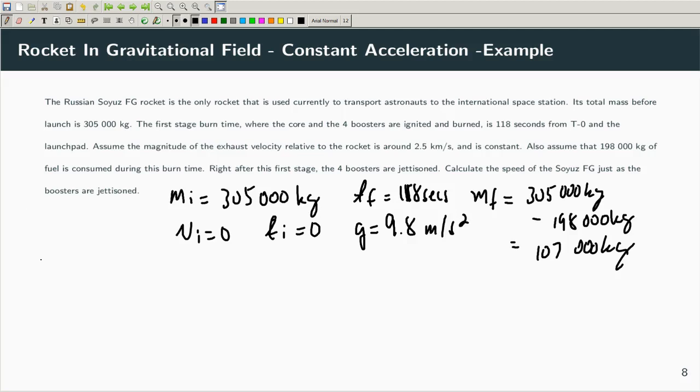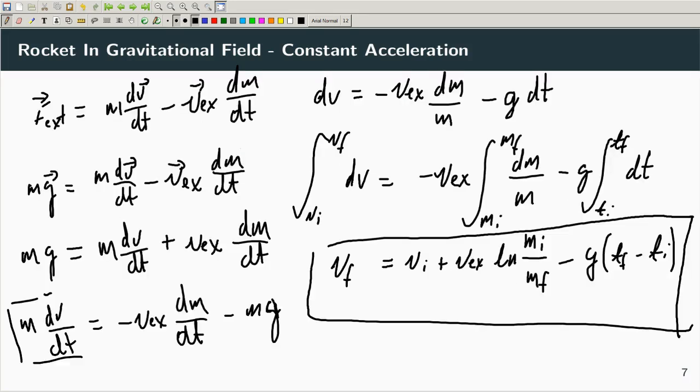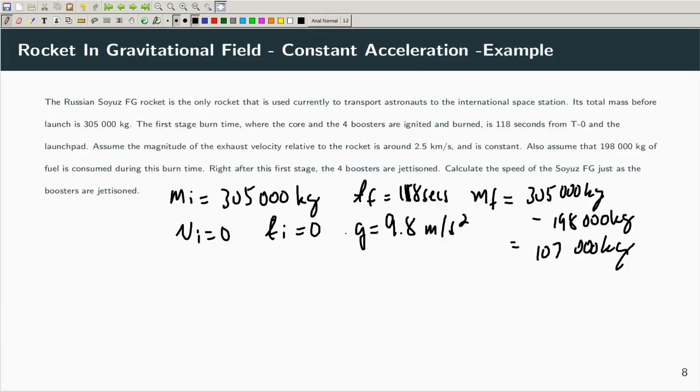Now, using this equation here, which is Tsiolkovsky's equation for the constant gravitational field, we can calculate the final velocity. Let's write it out again.